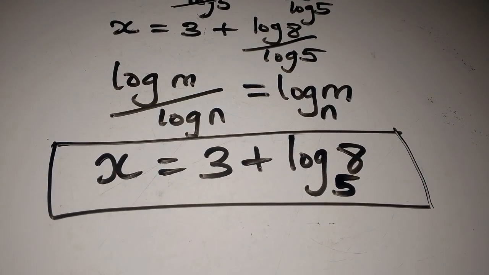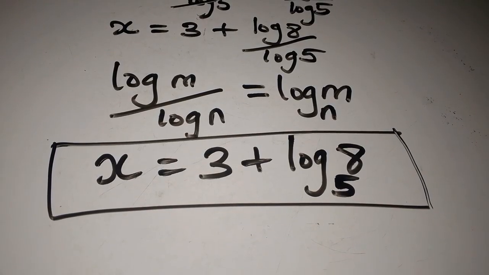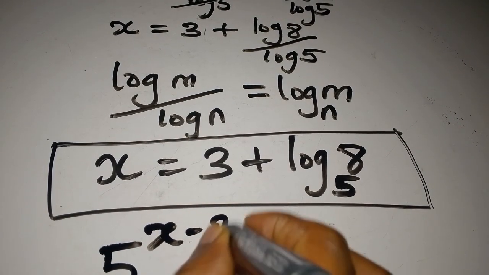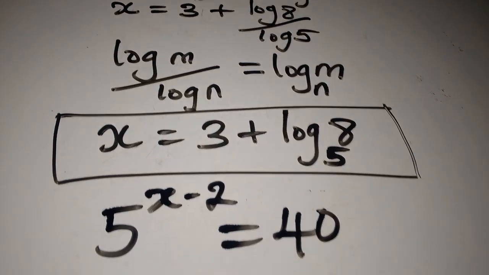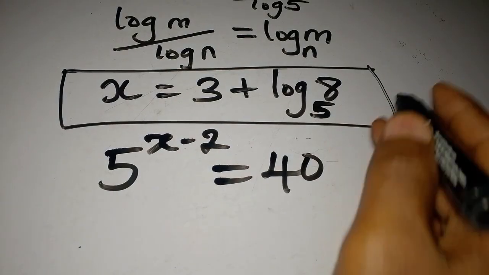But I would like us to put this back into the equation very quickly and try to verify. So let's try to remember what the equation is. The equation is 5 to the power of x minus 2 equals 40. So in place of x, I'm going to put the value 3 plus log 8 to base 5.